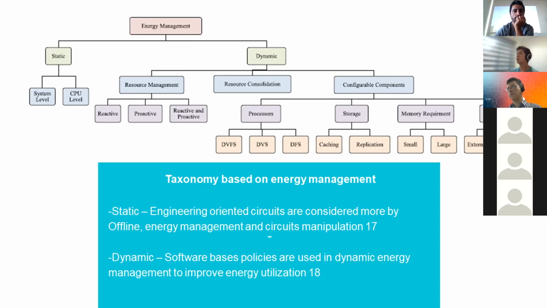The number of components can be scaled up or down based on the range of dynamic power. So it is divided in three main lines: resource management, resource consolidation, and configurable components.